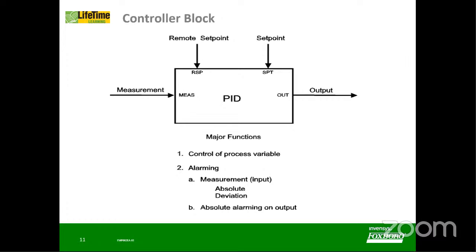So in case of a cascade control, the output of a PID block will be given as a set point to another PID, that is cascade control. So if any cascade control loop application is required, you can use this remote set point parameter, where you connect the output of the respective PID block from where you want to take the output, and that will be considered here as a set point. So that is called remote set point.